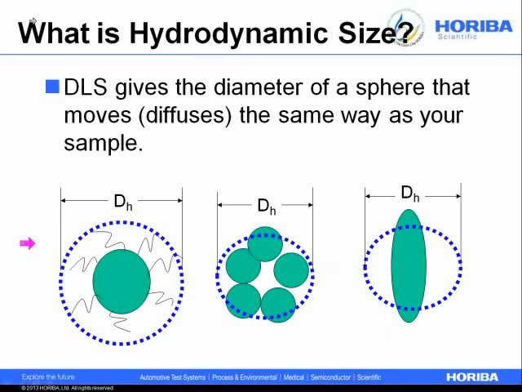Now, what is hydrodynamic size? Dynamic light scattering gives the diameter of a sphere that moves or diffuses the same way as your sample. So you'll often hear people talk about the hydrodynamic size from dynamic light scattering. And really, what it means is if you have a perfectly spherical hard particle, the hydrodynamic size is equivalent to the size of the sphere.